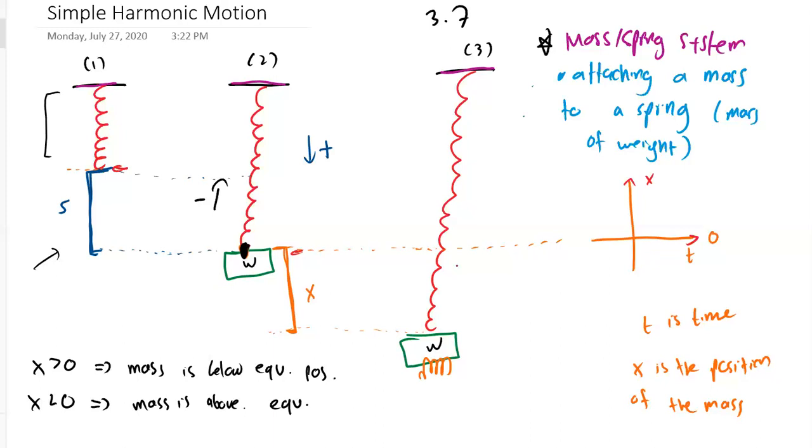So that balance between the force pushing downward, being the weight of the object, and the restoration force of the spring wanting to go back to its original state, those two forces balancing out, that's what causes the spring to stop stretching.